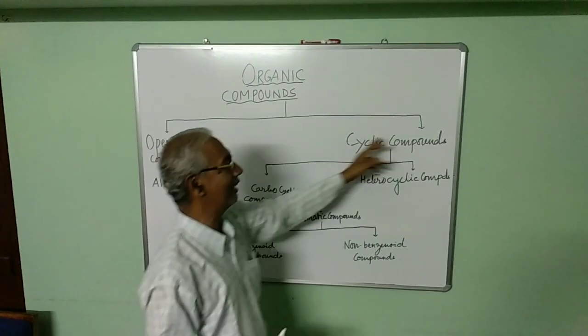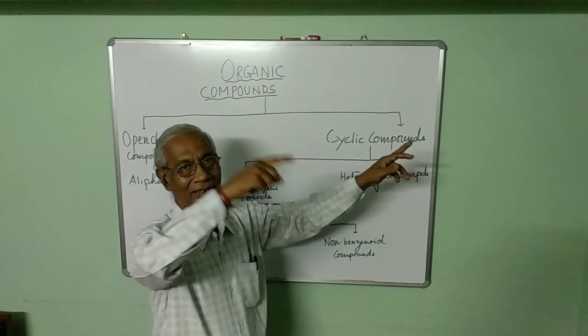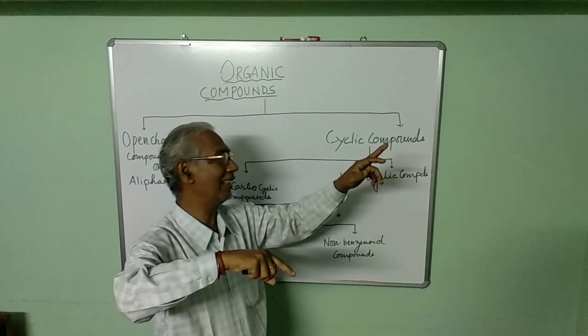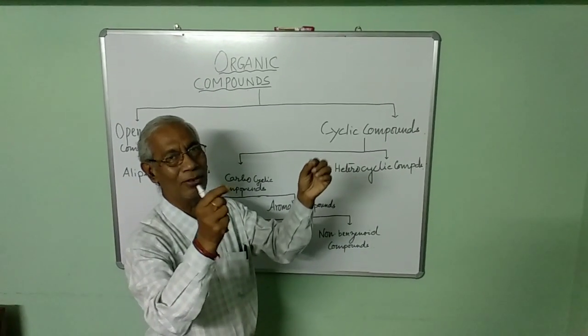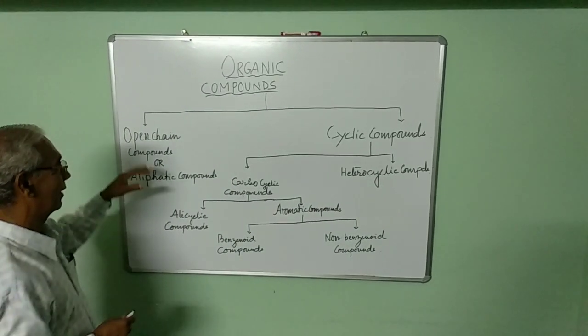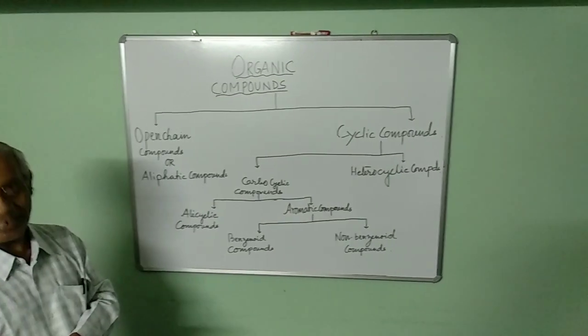Another is the cyclic compounds. That means no open heads are there in cyclic compounds. The chain is closed. Now, if we give examples one by one, then you can easily understand.